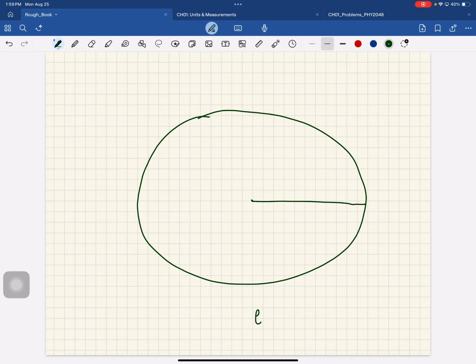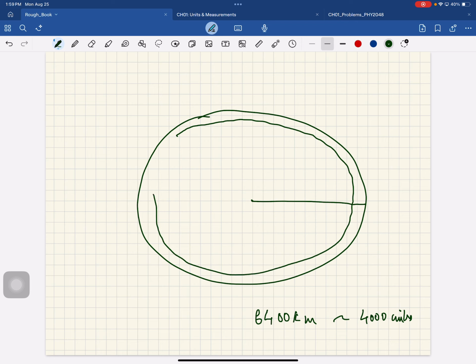It's 6,400 kilometers, roughly 4,000 miles. And about 40 miles of this is the crust, roughly 40 miles. So that's 1%. That's the crust, and it's broken up into plates.